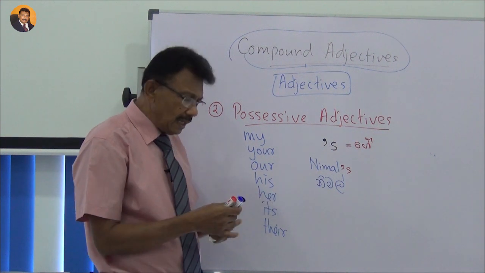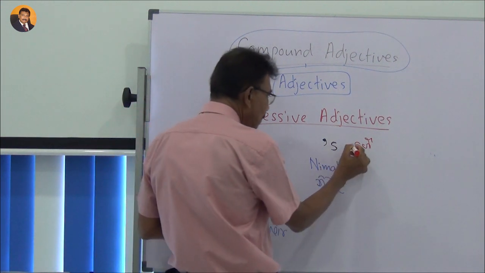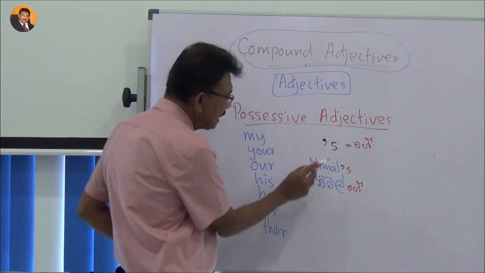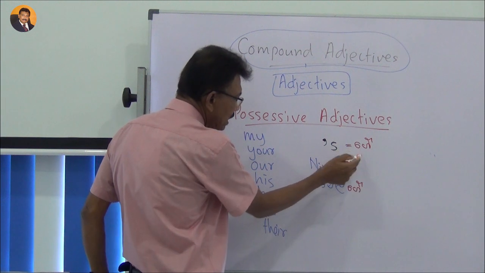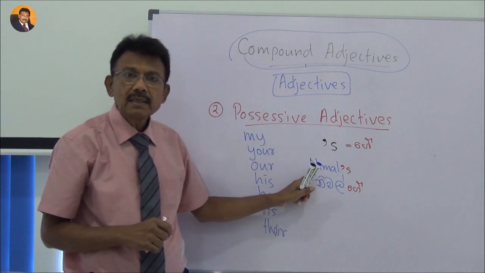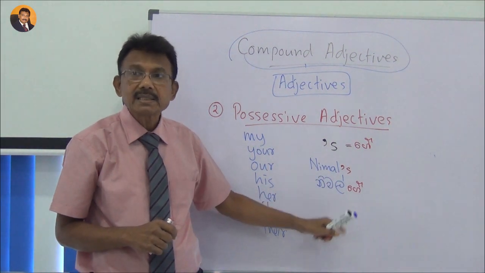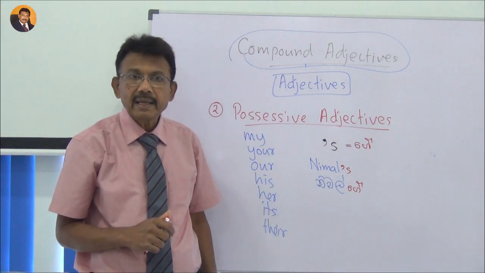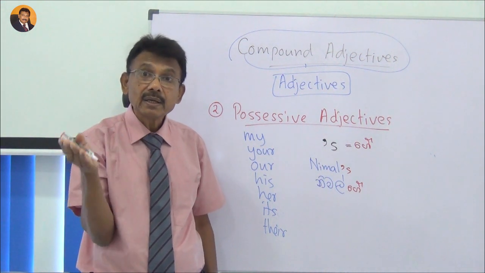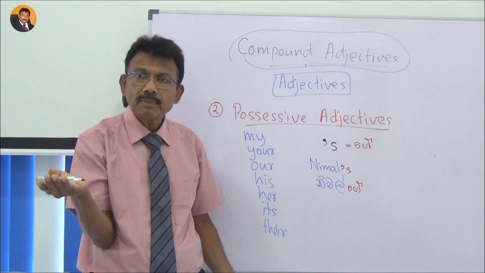But in singular we say this one. So that's why I say this equals to this in singular. English singular: Nimal's. Here we don't say "Nimals", here we say "gay" in your language, right? So apostrophe s in your language is something else.